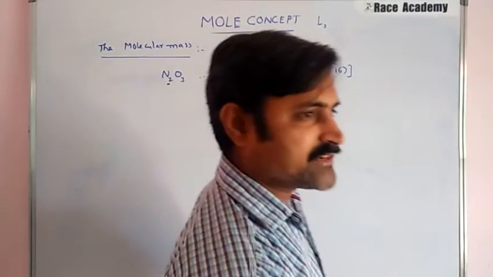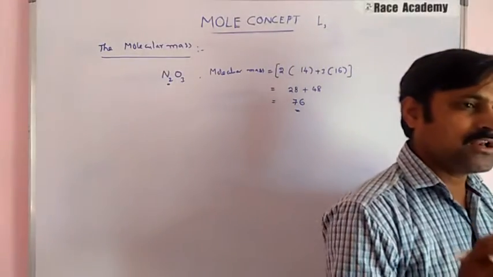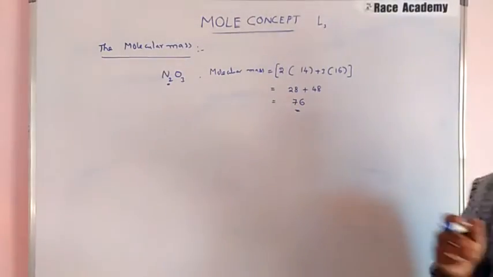The total is 76. So the total mass of N2O3 is 76.